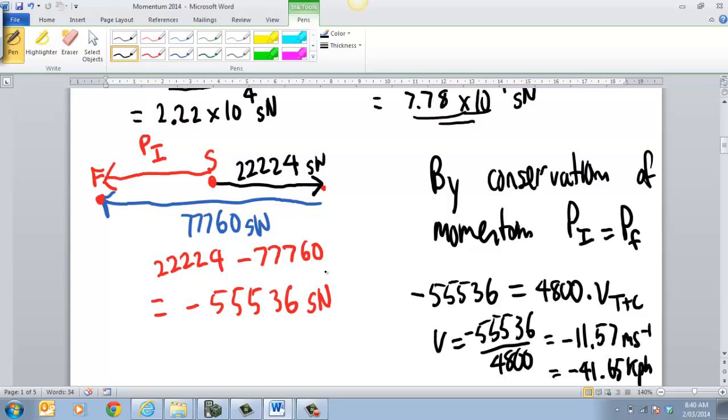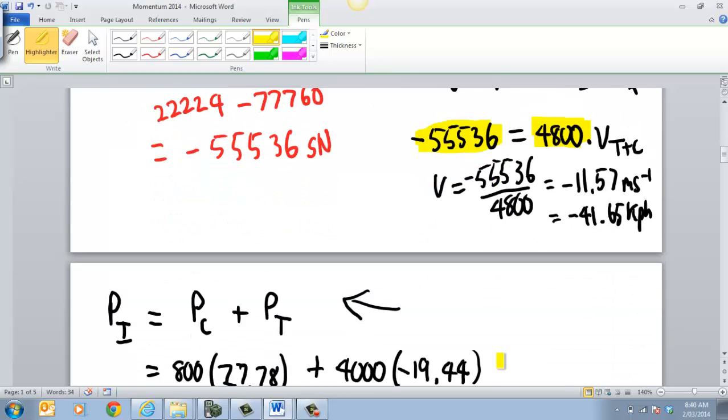The answer we got for the first part gives you that value, and the mass is 4,800. What we wanted to find was the velocity of the car and the truck afterwards. If you divide that value by that value, you'll get a velocity of 11.57 meters per second, or 41.65 kilometers per hour.